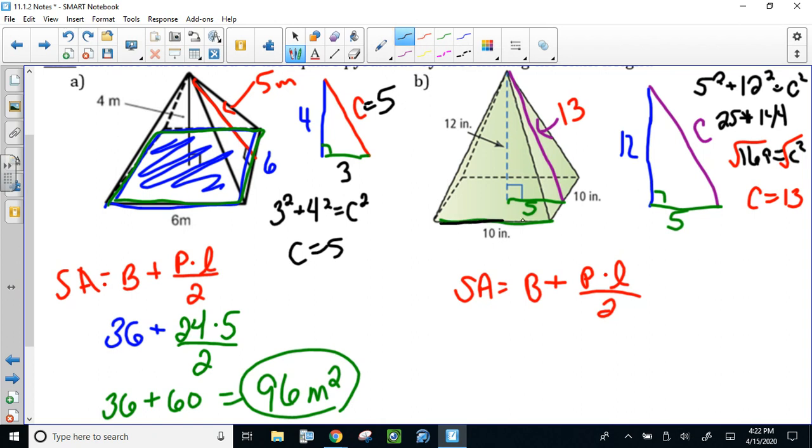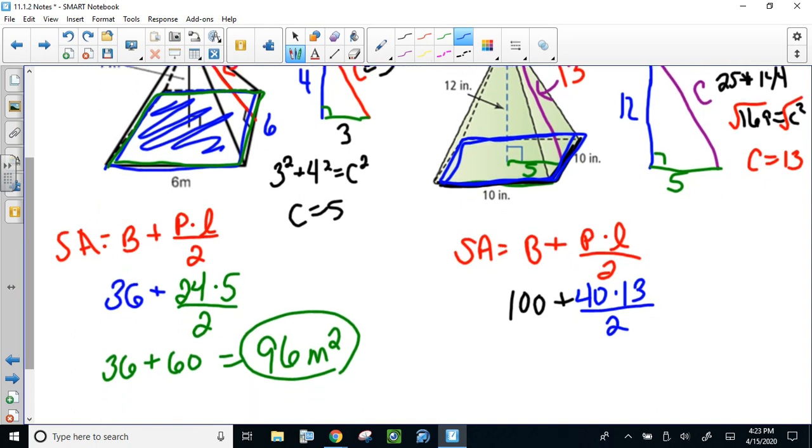So the area of the base, it's a square, 10 by 10. That's an easy one. That's 100. Perimeter of the base, 10 is one edge, 10, 10, 10. So there's 4 edges, or 10 by 4, or 10 plus 10 plus 10 plus 10, times the slant height, which we calculated to be 13, divided by 2.